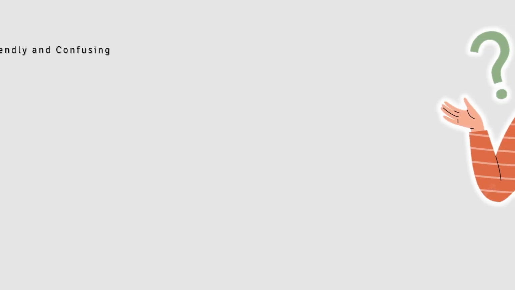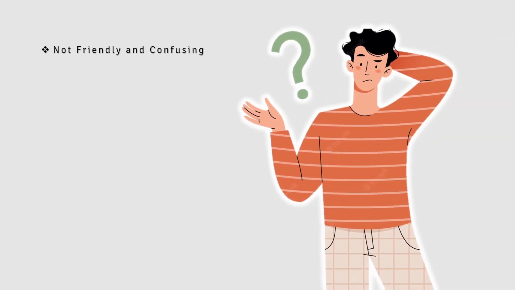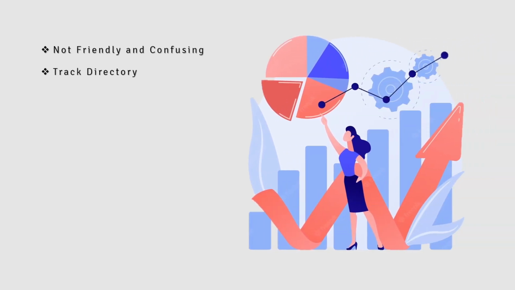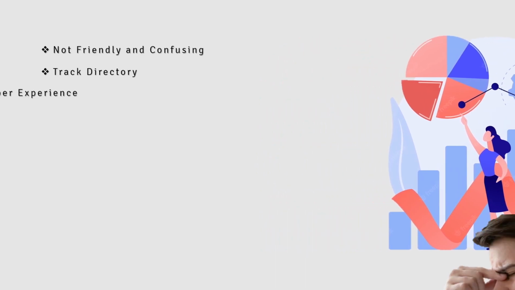The disadvantages of using relative imports are that it is not friendly and is confusing for developers. Next, we have to analyze the level of the directory and track it over certain periods of time, then only can we maintain this without any problem.